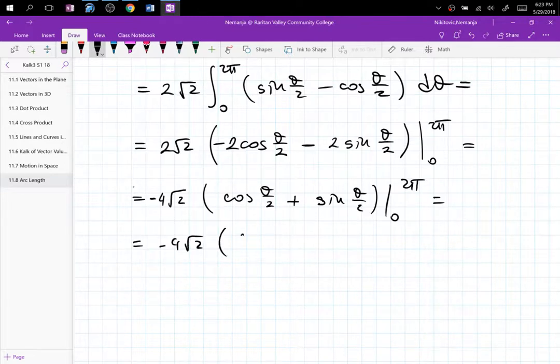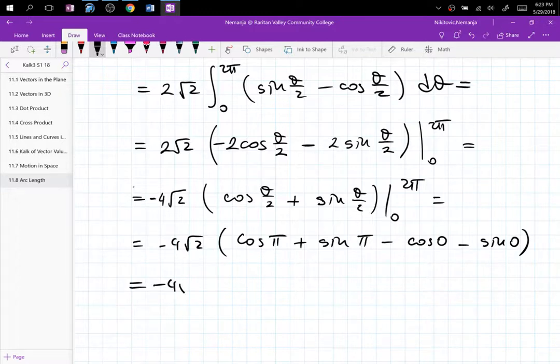So now negative 4 root 2. I have cosine of pi plus sine of pi minus cosine of 0 minus sine of 0. Nice. Cosine of pi is negative 1.